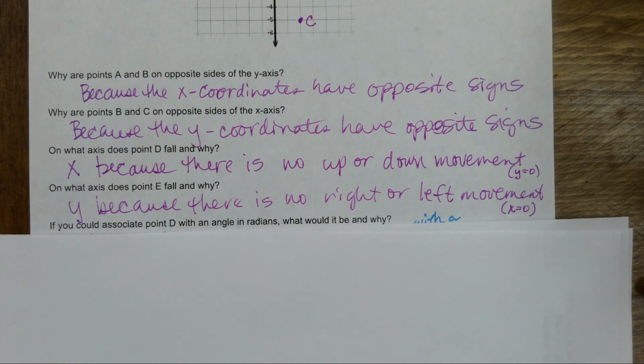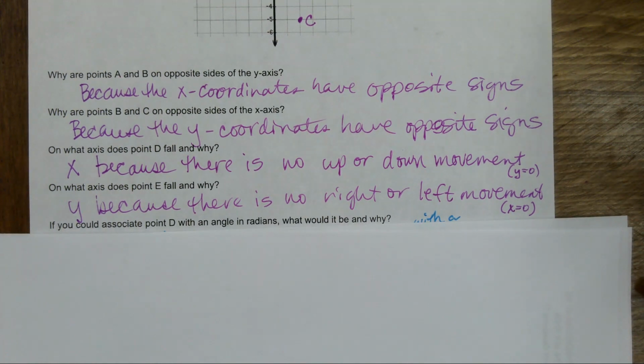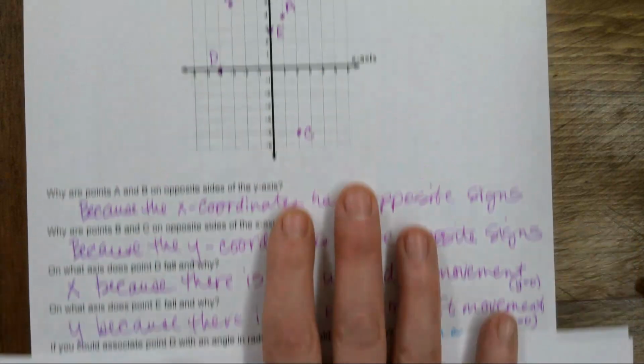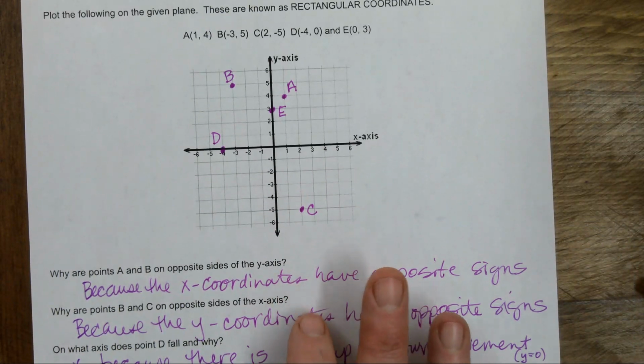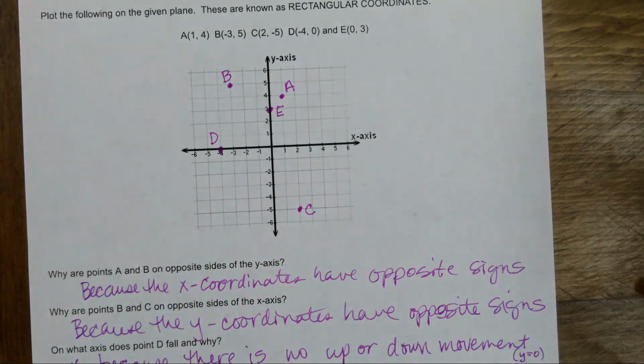Was anybody able to associate coordinate D with something that we would look at in terms of the unit circle? Anybody think they got this? Yeah. Beautiful. Why pi? Because on the unit circle, the left is pi.